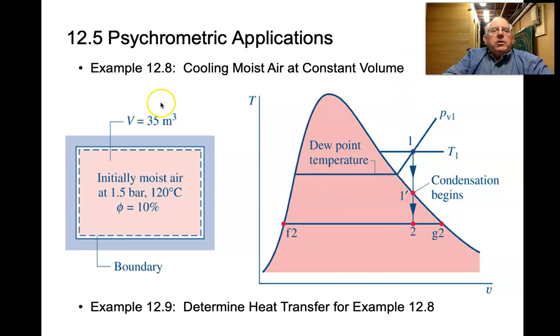And so in this particular case, they are asking you to start off with this condition and cool it down to a certain point, and determine conditions associated with that final point. The second example on this sheet here is determining the heat transfer.